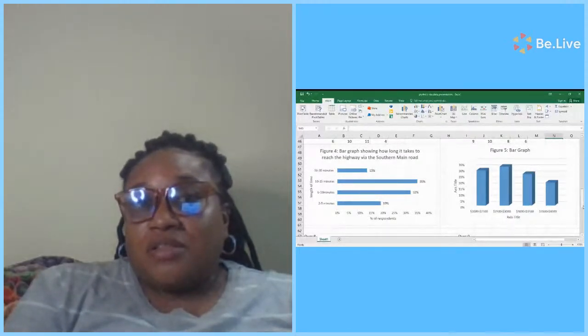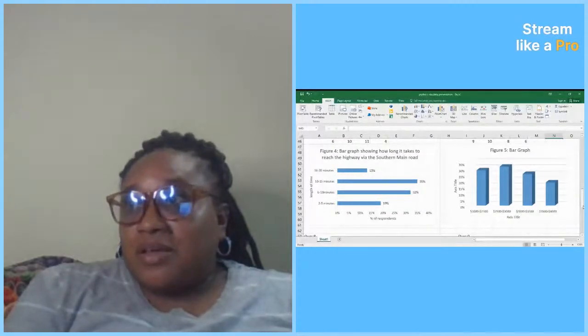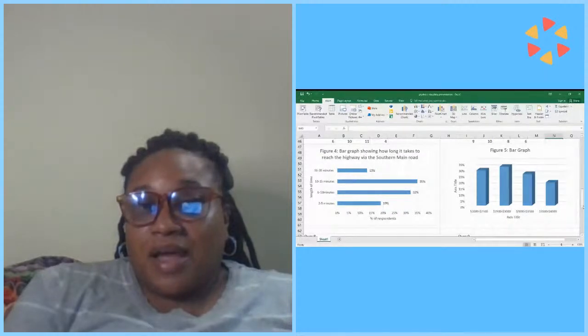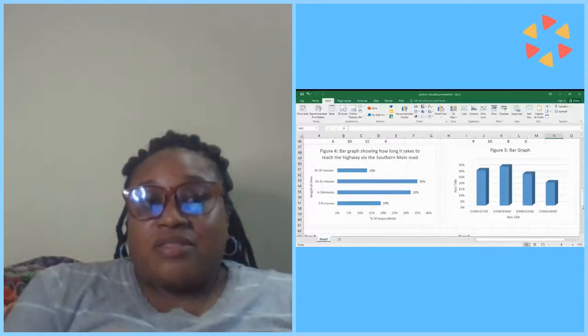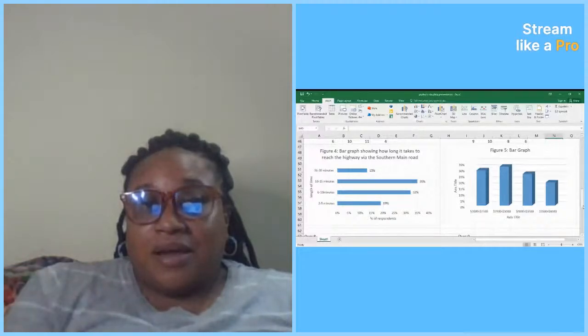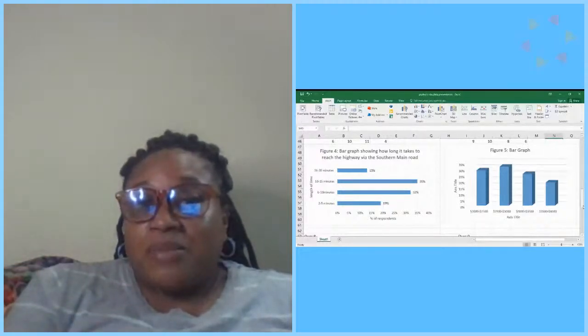So you state the majority of the respondents had spent 10 to 15 minutes getting to the highway via the southern main road. Then you could say 32% said it took 6 to 10 minutes, and then 13% said 16 to 20 minutes.